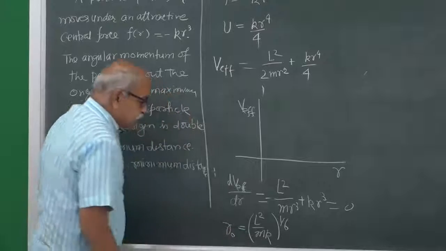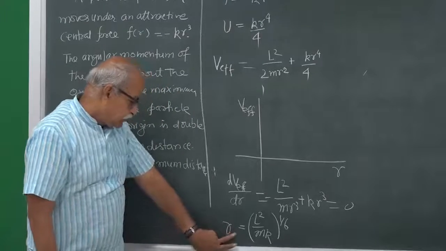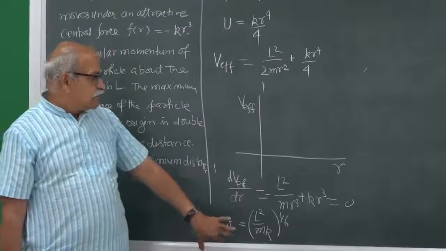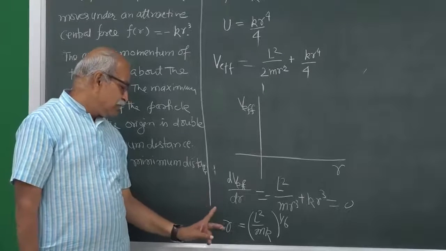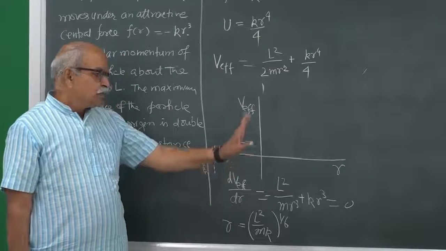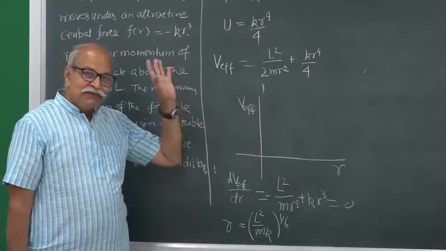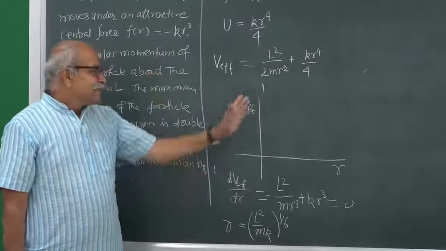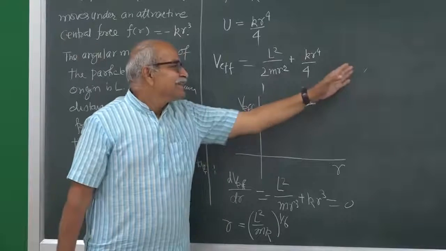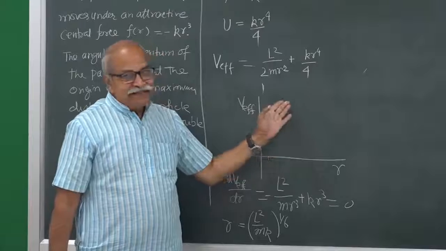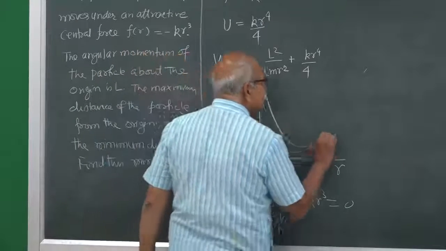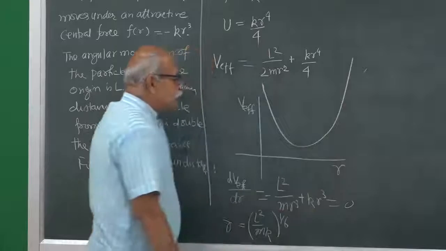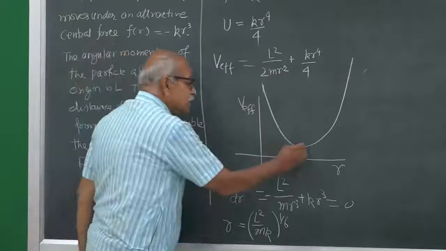This is the place where this will be maximum or minimum, and you get only one value of r. So, only one maximum or only one minimum is possible. This is infinity, this is infinity, it is always positive, so it has to be a minimum. Your function will be something of this type, and this will be the minimum.